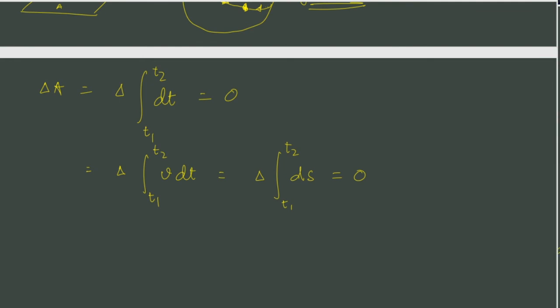Maupertuis gave this principle long back, I think in the 1750s. The principle is quite powerful because compared to Hamilton's principle, where we kept the endpoints fixed, and not just the endpoints, we kept the end times fixed, in the principle of least action, end times are allowed to vary.